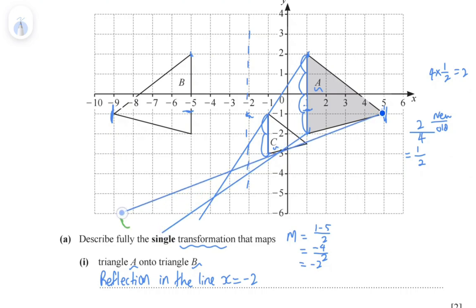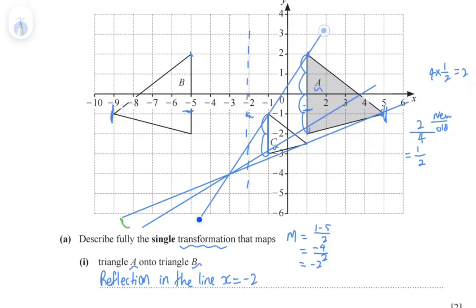So let me fix these lines to connect the points properly. And then we can see how all of these lines intersect at one point, which is the point -3, -4.